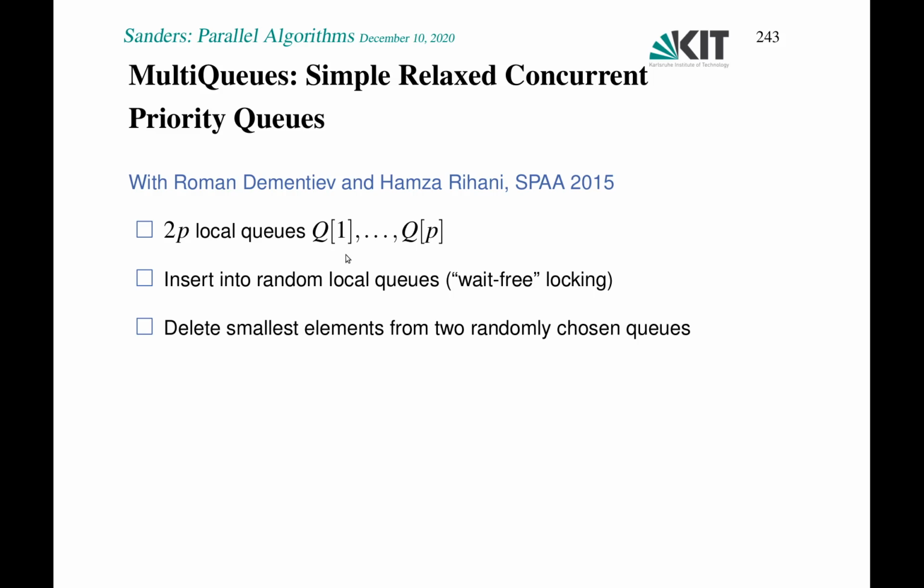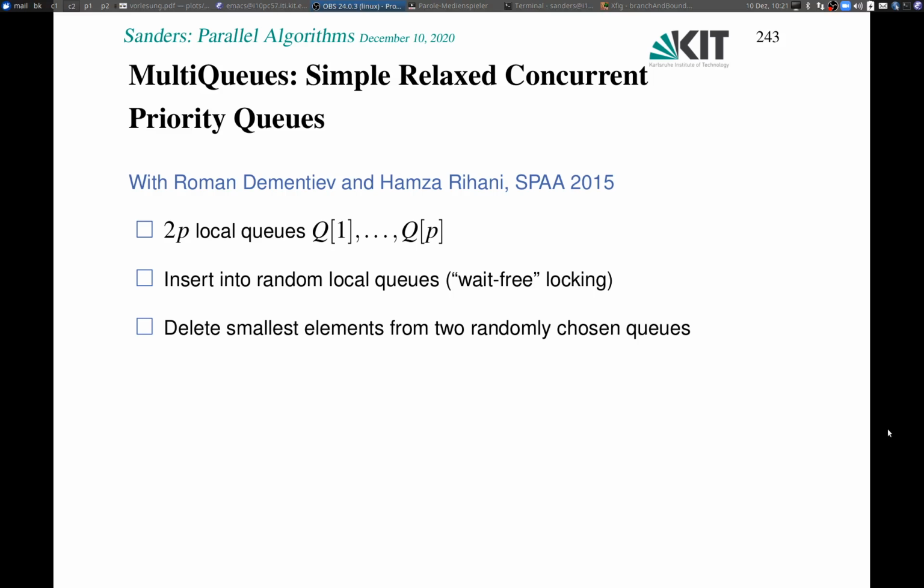Now let's move to shared memory priority queues, and now look at a genuinely asynchronous interface. So again, we have sequential priority queues, and we distribute data randomly to these queues.